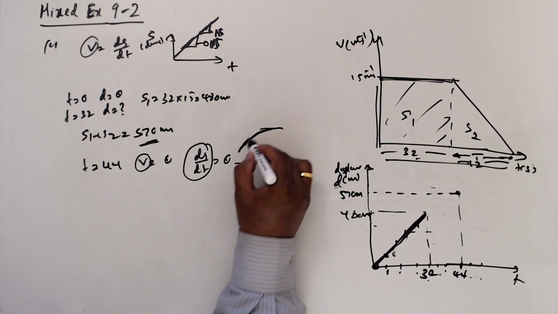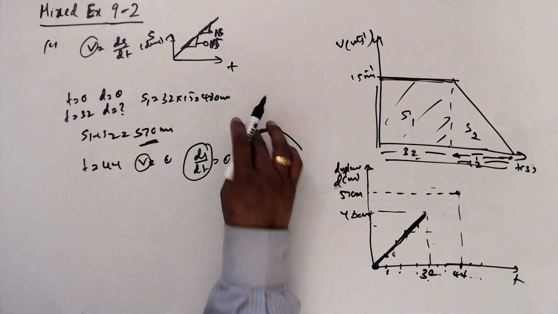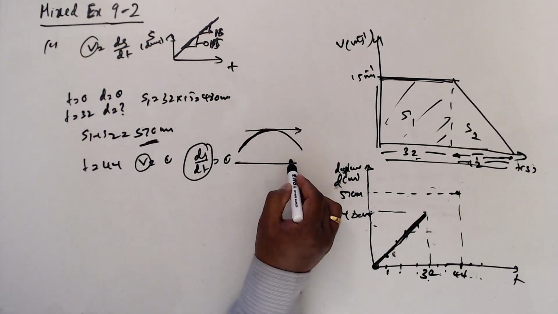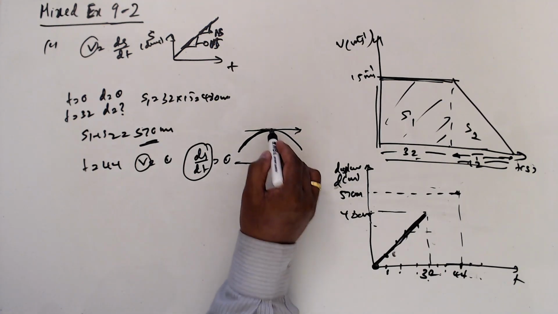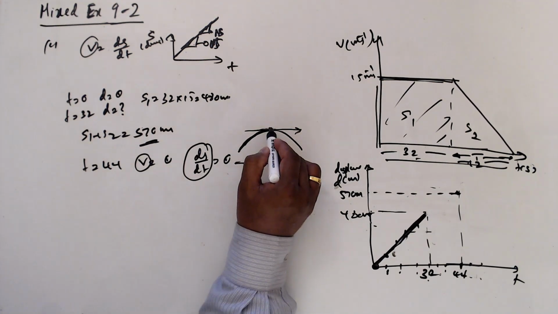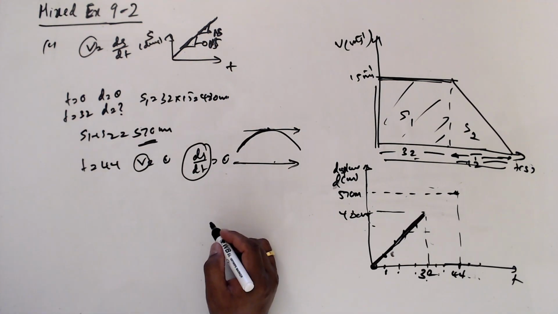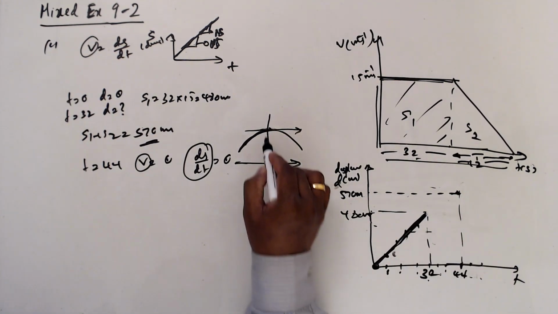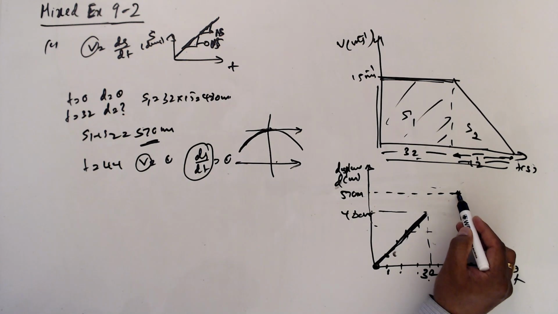Now when you draw a maximum like this, the maximum means it is parallel to the x-axis. When it is parallel to the x-axis, what is the gradient? The gradient is 0. Basically at the peak, the gradient has to be 0.